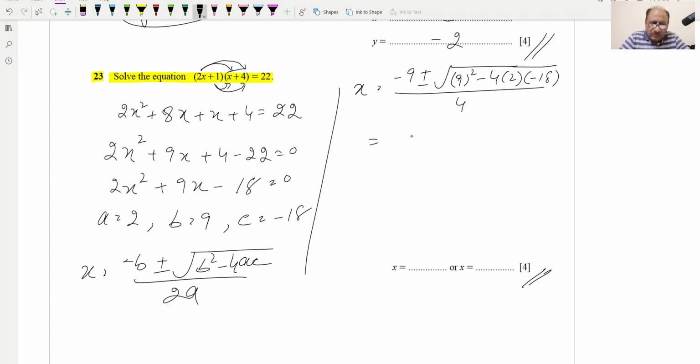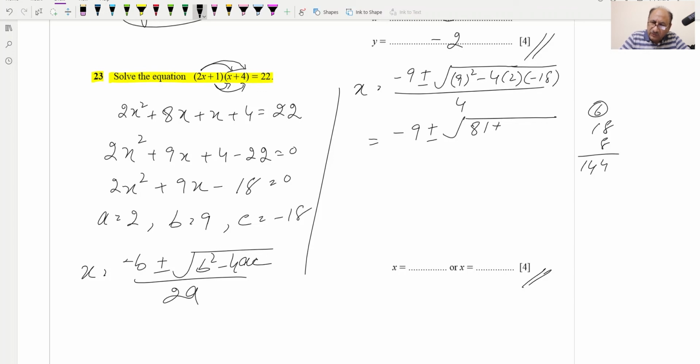Now we can write it as minus 9 plus minus the square root of 81, plus this will be 8 into 18.